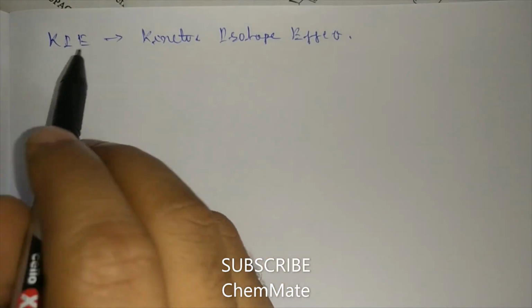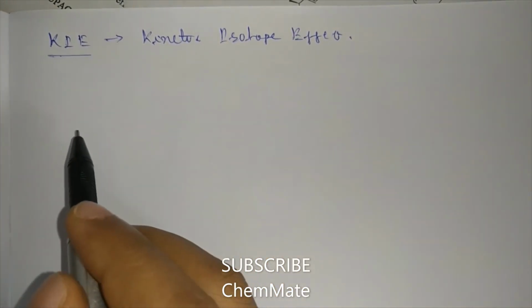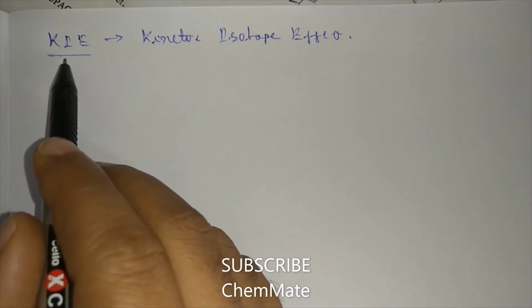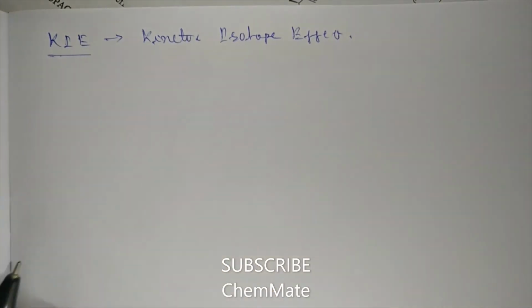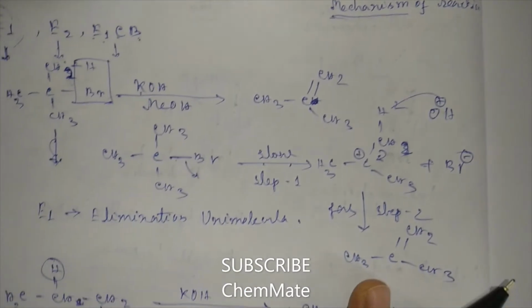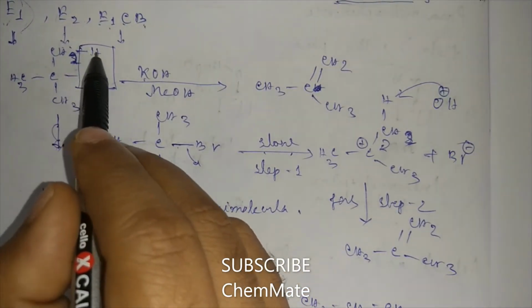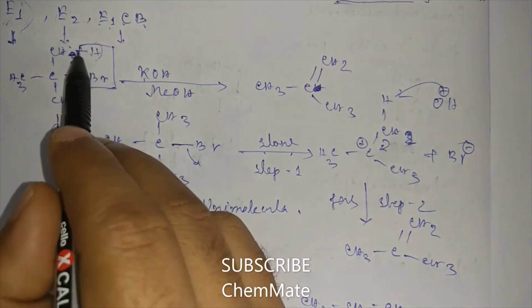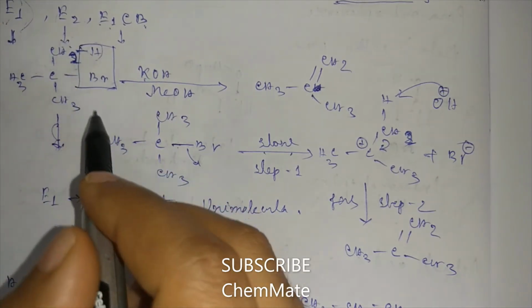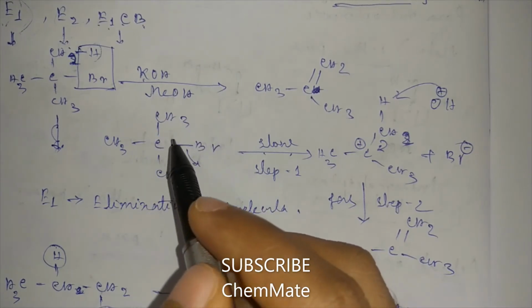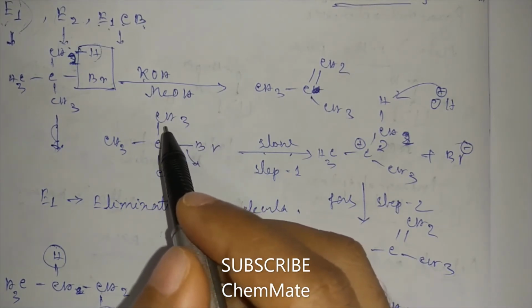So what is kinetic isotope effect? Kinetic isotope effect means if we replace one bond with its isotope and if we observe a difference in rate, then that is called kinetic isotope effect.